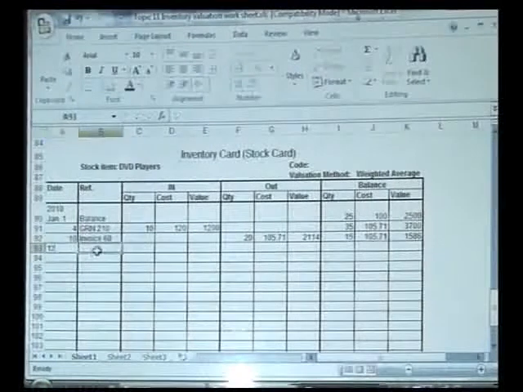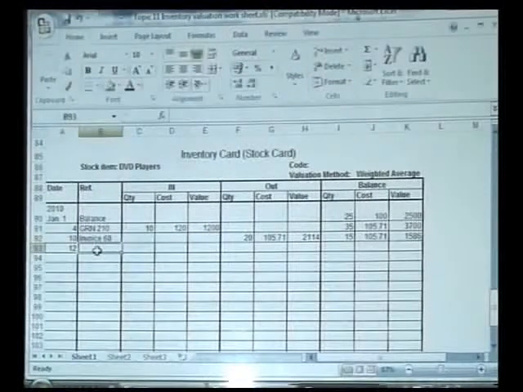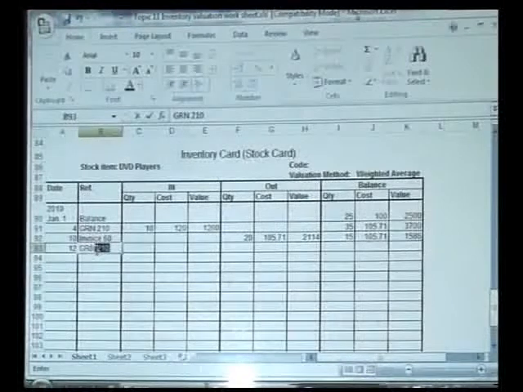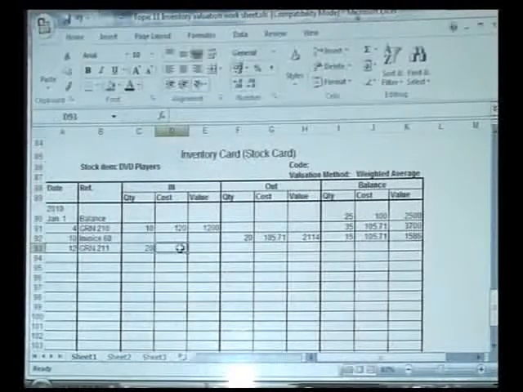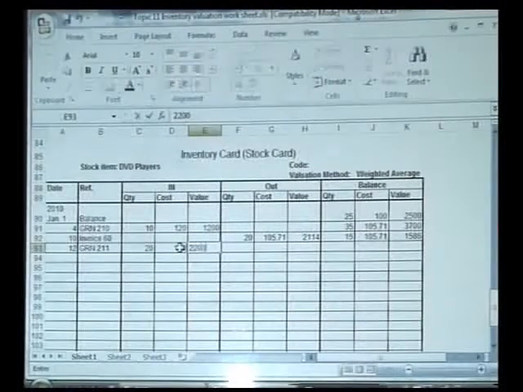Next, 12th, GRN 211, 20 units purchased at 110, value 2200. This is similar to earlier records.